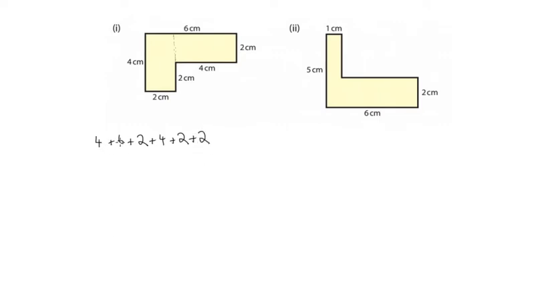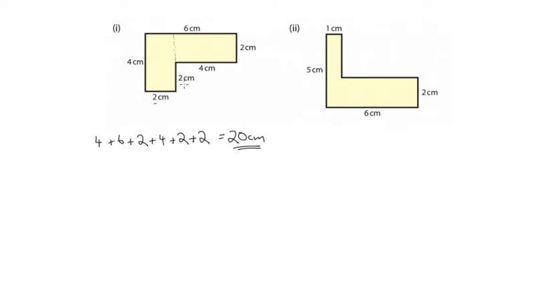So 4 plus 6 is 10, plus 2 is 12, plus 4 is 16, plus 2 is 18, plus another 2 is 20. So 20 centimeters, and that's our answer.